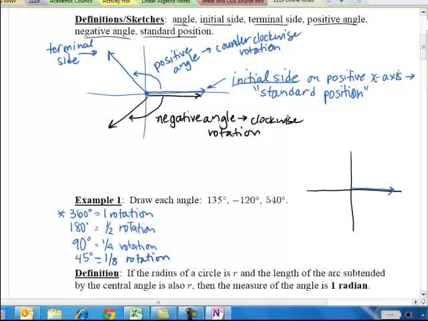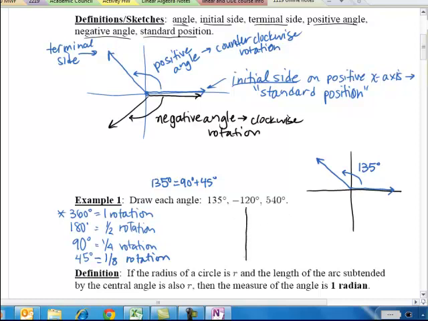So for 135 degrees we could think, well, that's 90 plus 45. So a quarter of a rotation and then 1/8 after that. And we want to rotate in the counterclockwise direction. So this would be 135 degrees in standard position. An angle with the same rotation between the initial and terminal sides would still be 135 degrees, but this is how we would draw it in standard position.